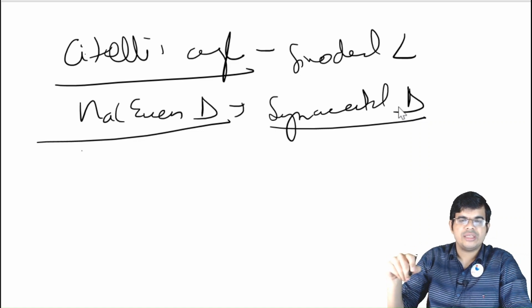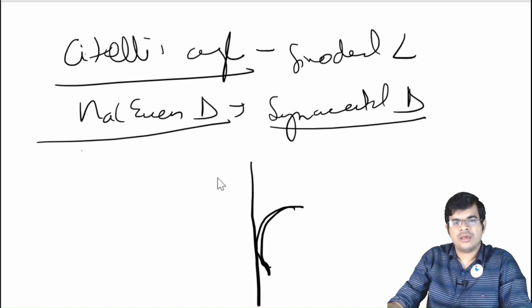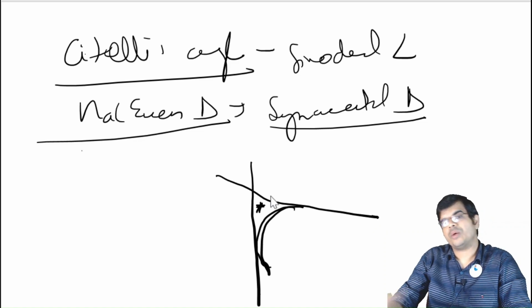Because it is above the meatus, right? If you have the external auditory meatus here, and the tangent here, this is the tangent to the external auditory canal, and if this is the temporal line going like this, that is the area of the suprameatal triangle.